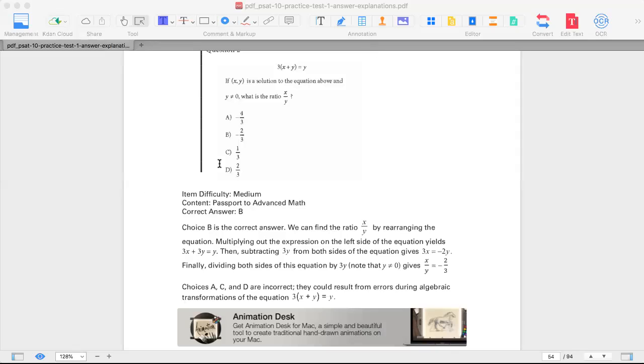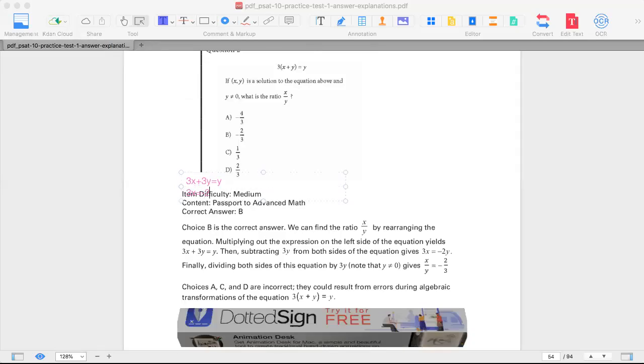Sorry, something wrong happened here, so I'm going to write it again. Here I am going to write 3x plus 3y is equal to y. Then I'm going to subtract 3y from both sides, which will be 3x is equal to negative 2y.